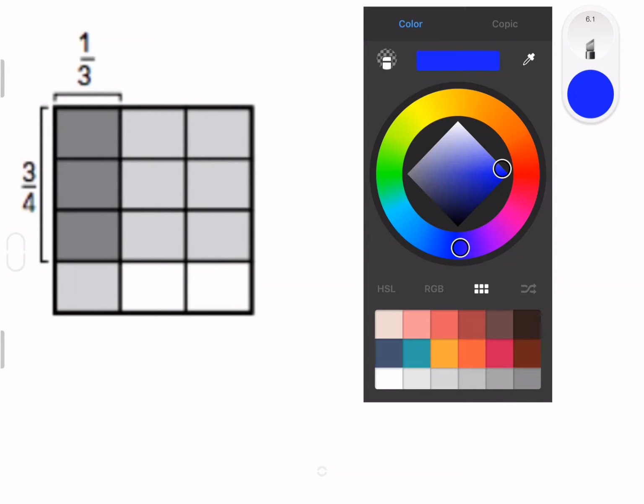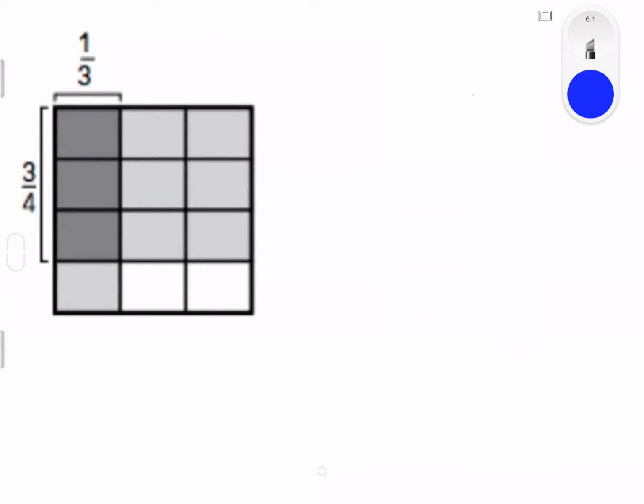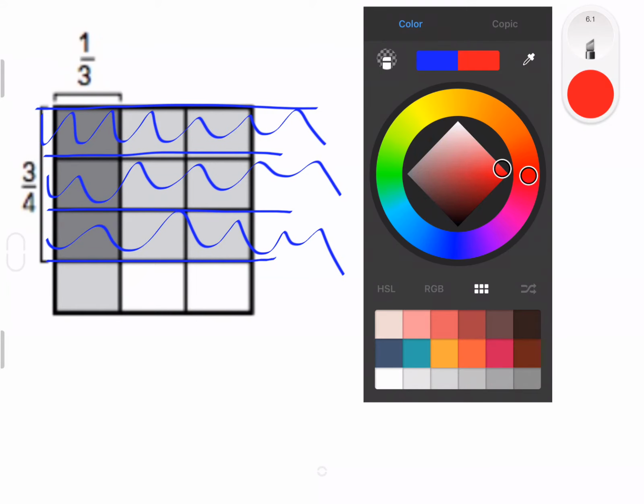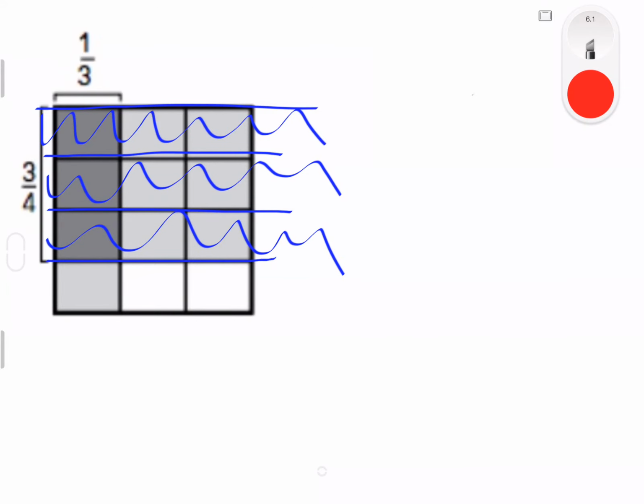And we want to see that we have 3/4 shaded here. It's 1, 2, 3, and we're going to have 1/3 shaded the opposite direction.